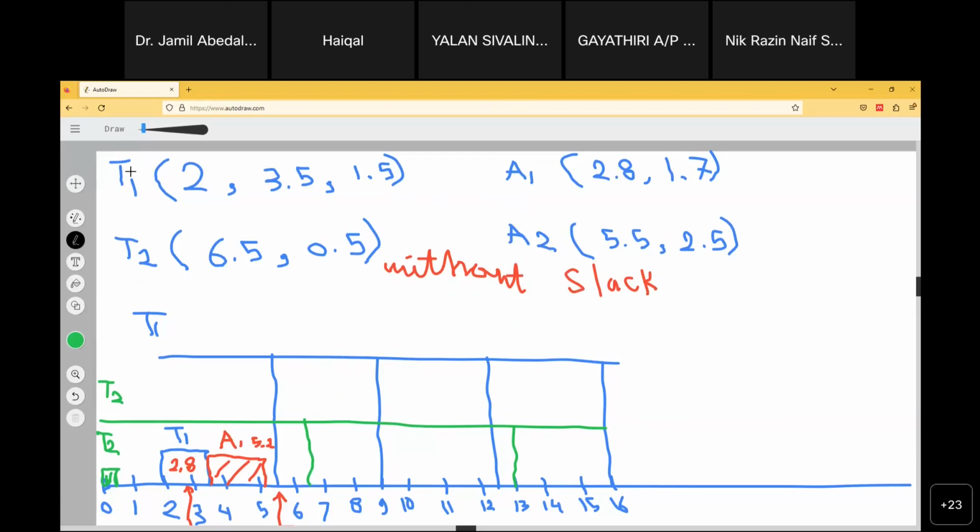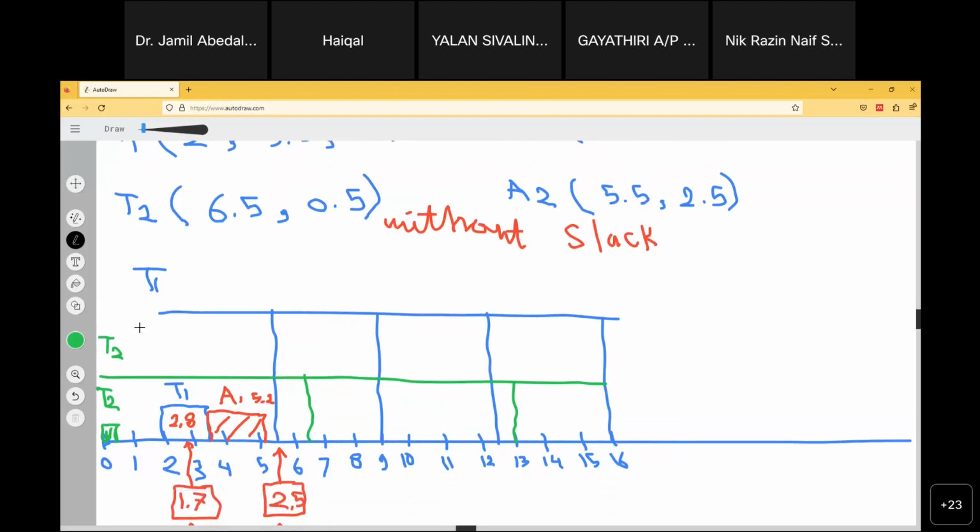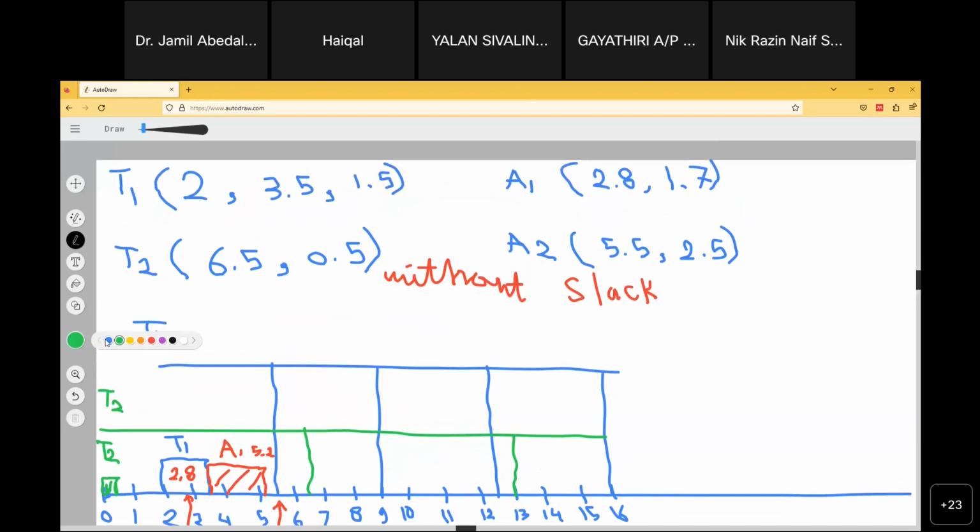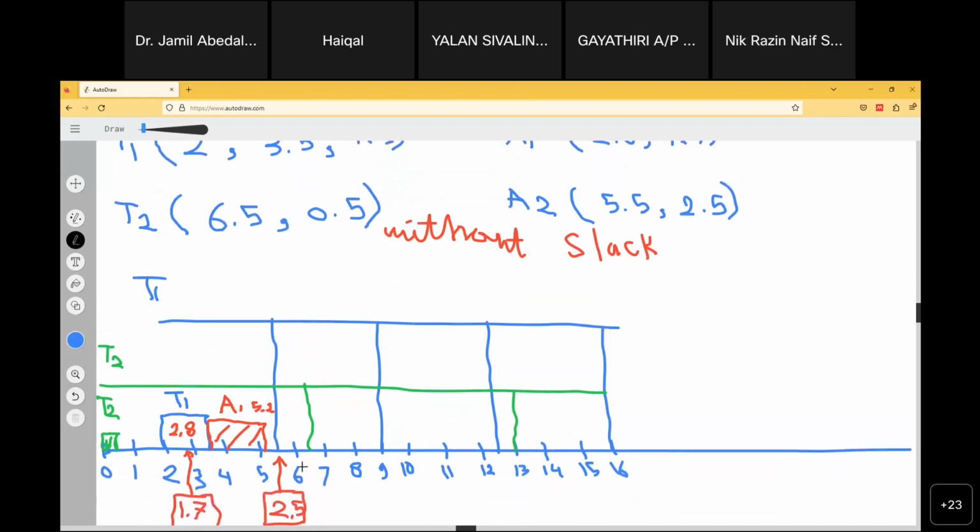So the priority is given to task 1, so we execute task 1. How many units? 1.5. So we choose the color of task 1 and we execute task 1.